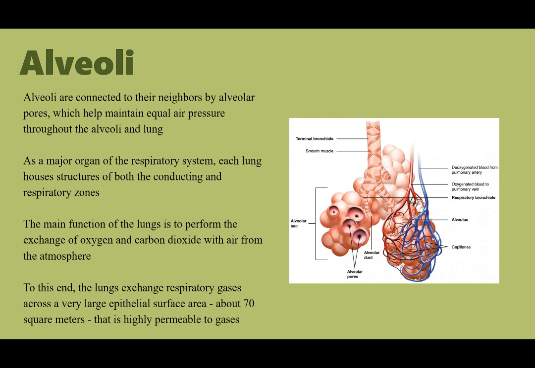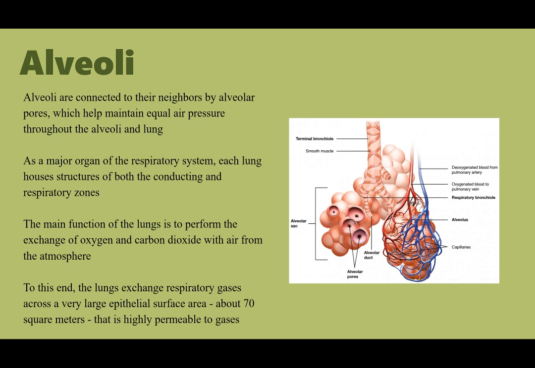As a major organ of the respiratory system, each lung houses structures of both the conducting and the respiratory zones. So we have two lungs, and each lung has the conducting zone and the respiratory zone. The main function of the lungs is to exchange oxygen and carbon dioxide with the air from the atmosphere. That's what our lungs do.